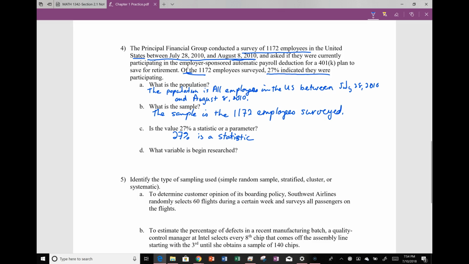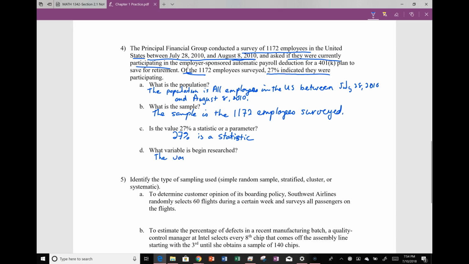What are we asking? What is the variable being researched? Look at what question was being asked on this survey. They were asked if they were currently participating in the employer-sponsored automatic payroll deduction for a 401k plan to save for retirement. That is our variable.